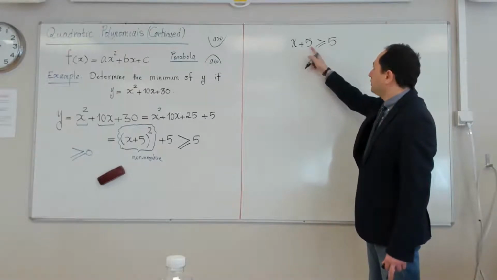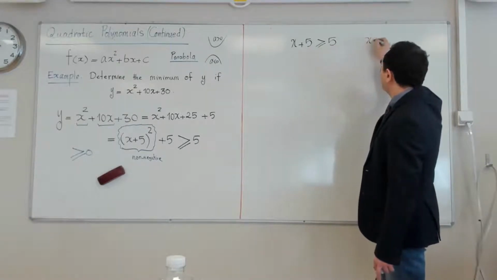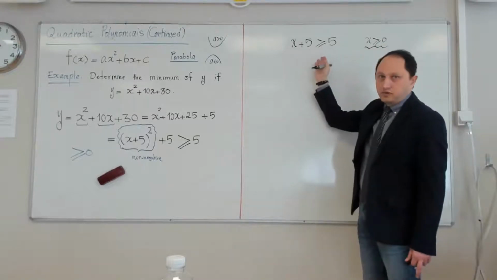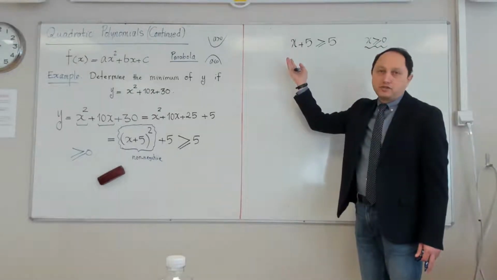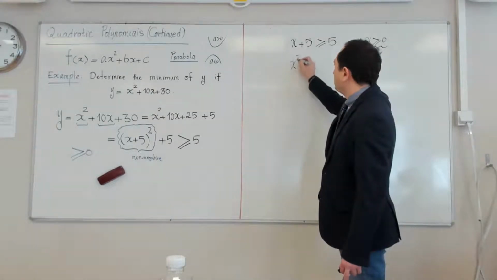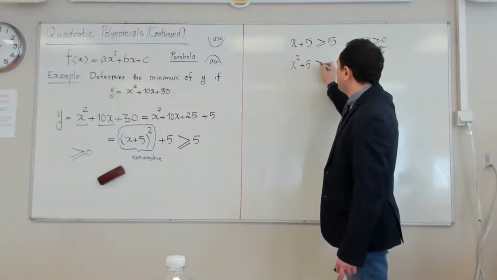When this is true, move 5 to the right. It tells you that if x is positive, this is guaranteed. But if I don't know if x is positive or not, I cannot guarantee that. But what do you think about this situation? Can I say this is guaranteed?